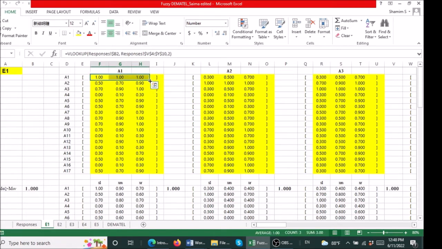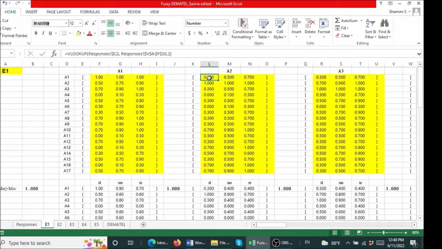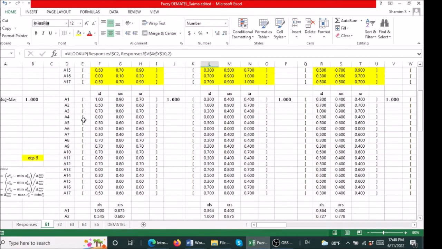Then you just double click, and for A2 you just need to change the cell reference, and this time it is C2, right? You see, it is C2, and everything else remains the same. So this is how you convert the triangular numbers.